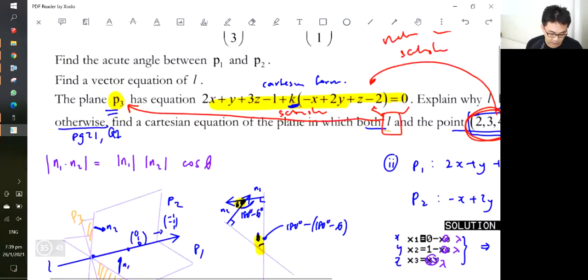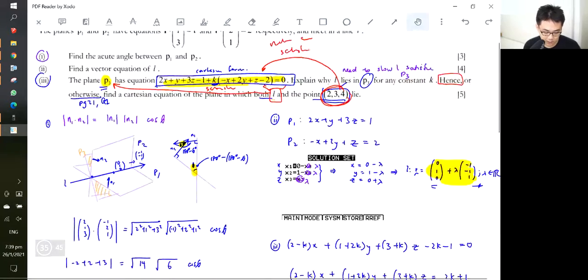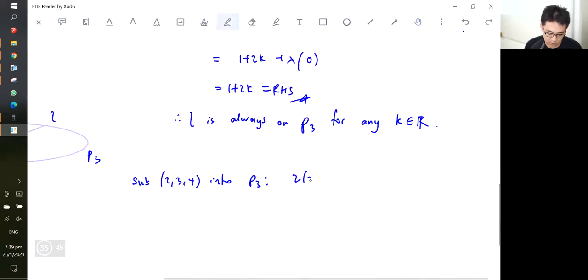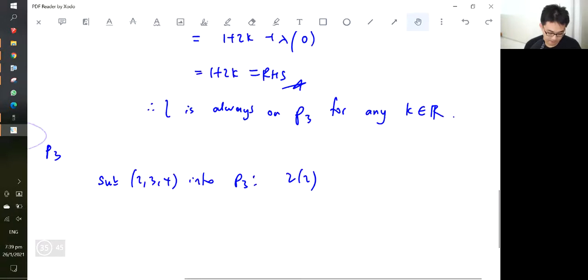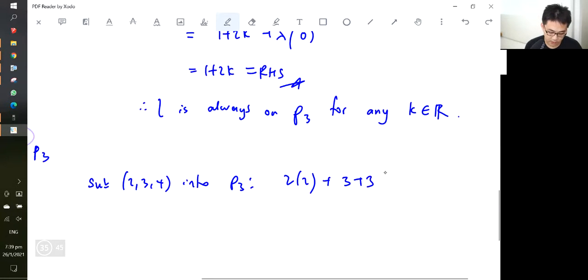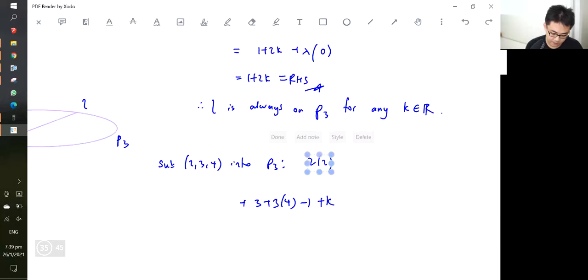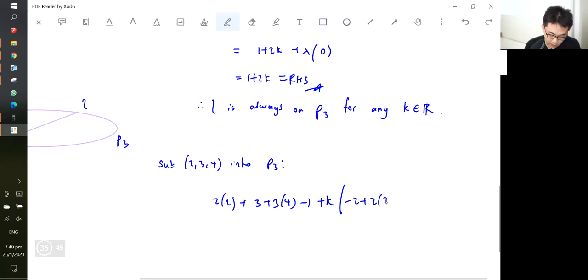I'm substituting into this one, because it's easier. 2x plus y, 3 plus 3 times 4 minus 1 plus k. And then K is minus 2 plus 2y plus 4 minus 2 equals to 0.